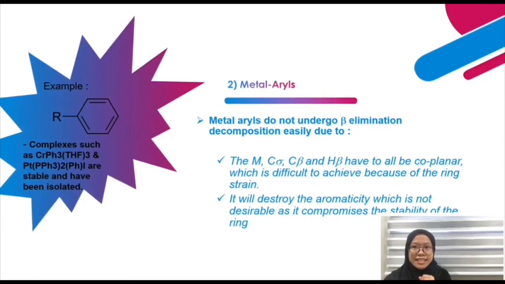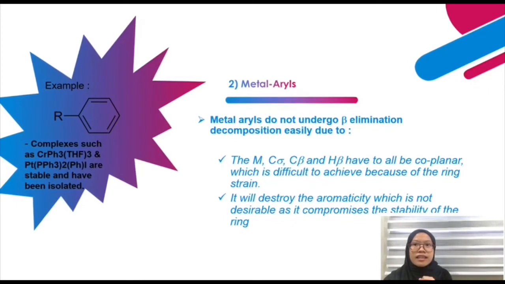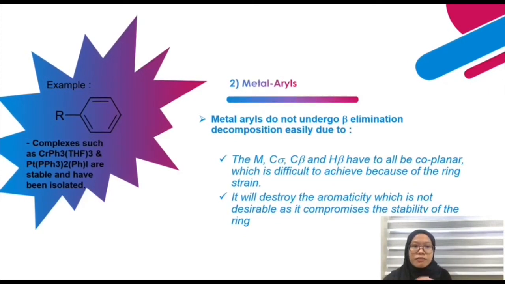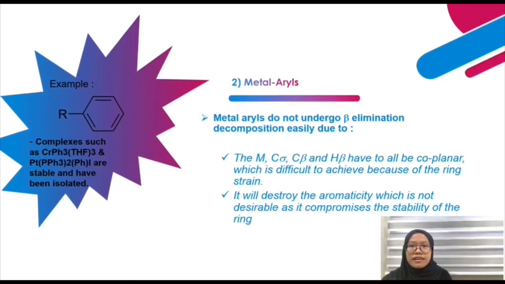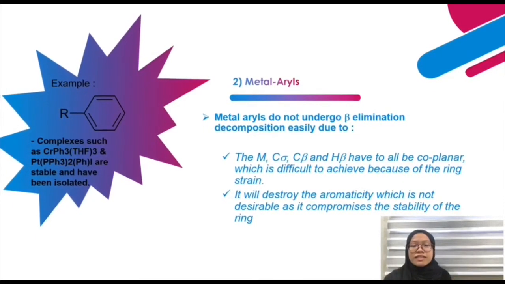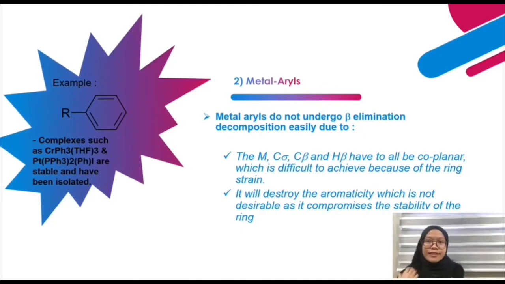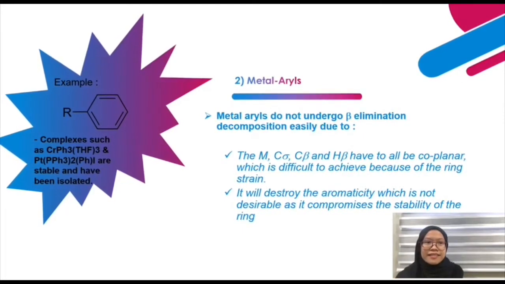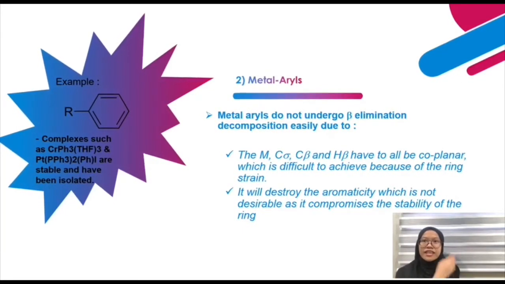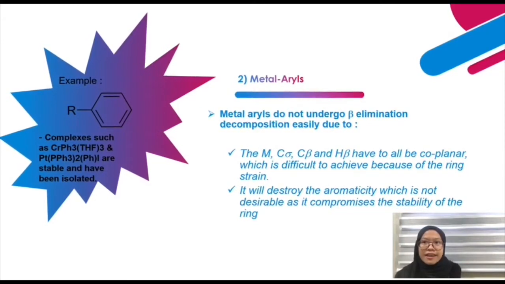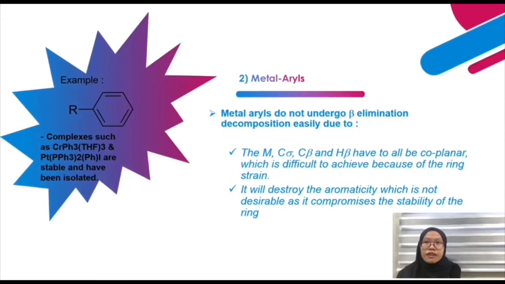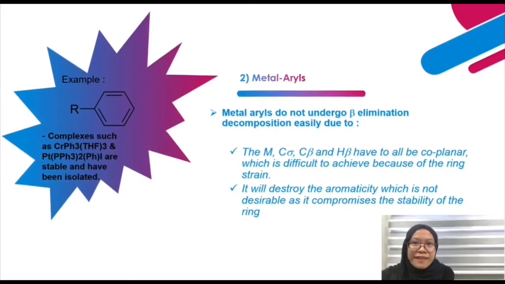The next reason is that it would destroy aromaticity, which is not desirable and is related to the stability of the ring. Examples of metal aryls are phenyls, as you can see here, and also THF, or tetrahydrofuran, and many other complexes.